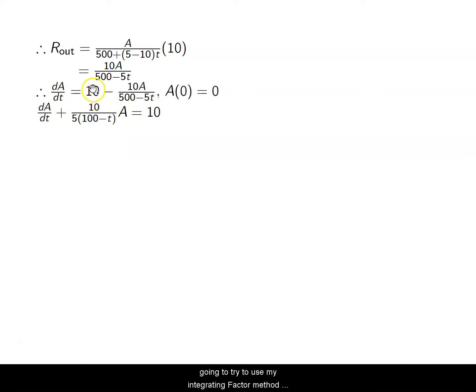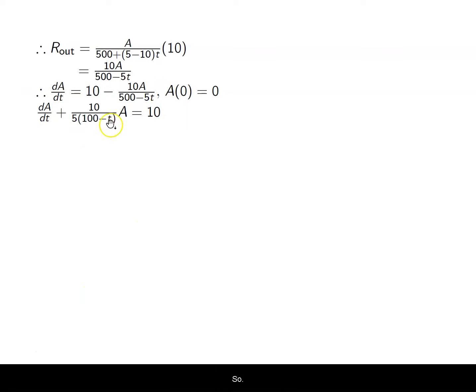Again, separation of variables wouldn't work, because if this was a 10 over here and I multiplied by this, I'd have the t with the dA, and then I have to multiply by dt. It's always going to be mixed up. The t will be with the differential of A, and the A variable will be with the differential of t. Even if I manipulate those back and forth, I'm never going to be able to separate them out.